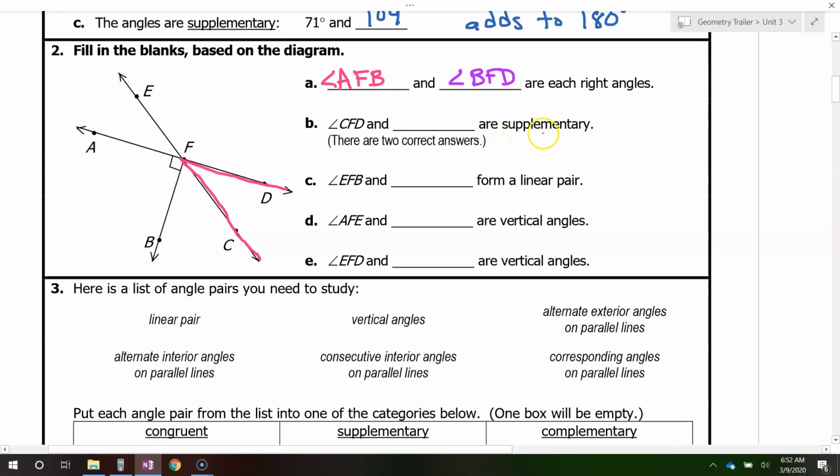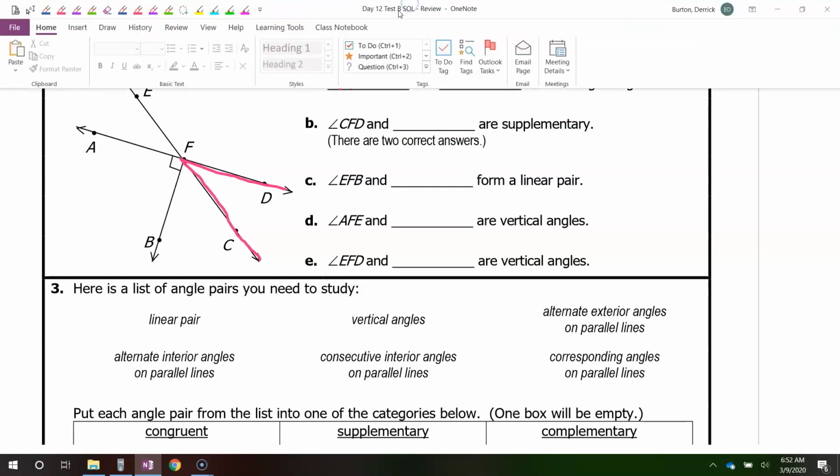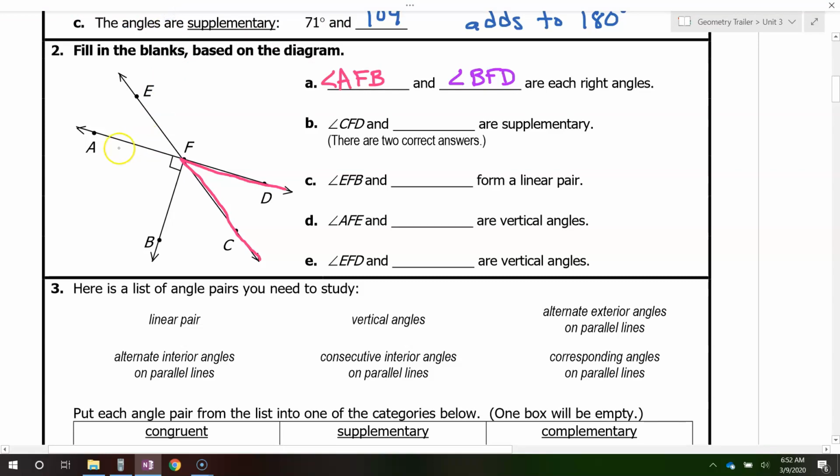If it's going to be supplementary, it should be making a straight line with this. All right, so one way I could make a straight line is to put it back to back with this green angle right here. This is a linear pair. See how they make a straight line. So one possible answer would be angle AFC.